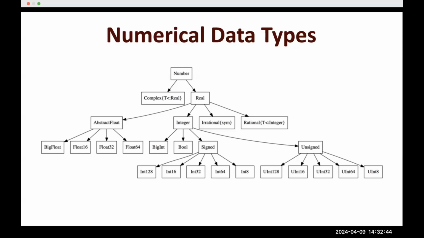The fraction can be represented as an exact number, like 1 divided by 2. In Julia, 1 divided by 2 is not calculated until you want it to be calculated. Julia understands that you're defining a rational number by giving this numerator and denominator.